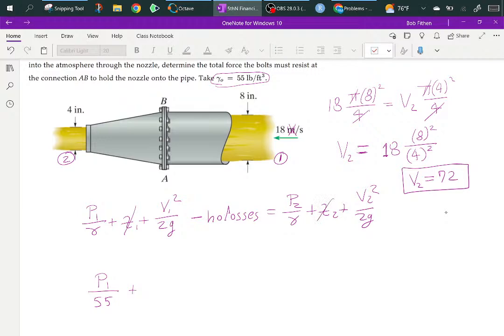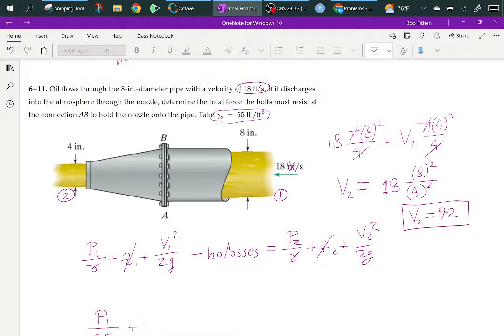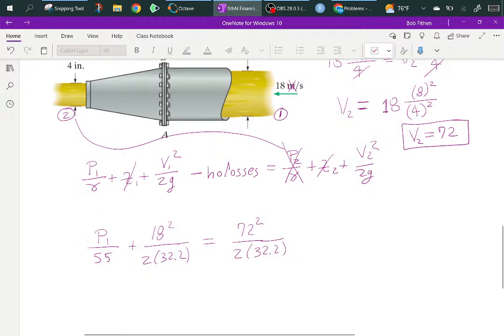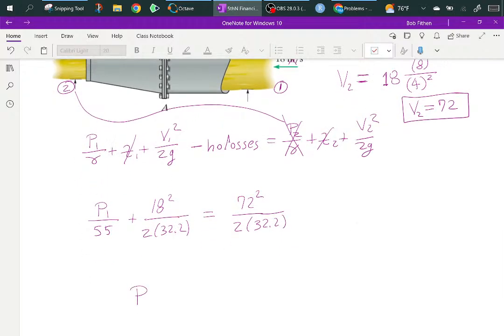V1 was 18, and it's 18 there. 18 squared over 2 times 32.2 equals P2 at the exit, which is 0. So V2 is going to be 72 squared over 2 times 32.2. So I'm going to get a pressure back here of P1.